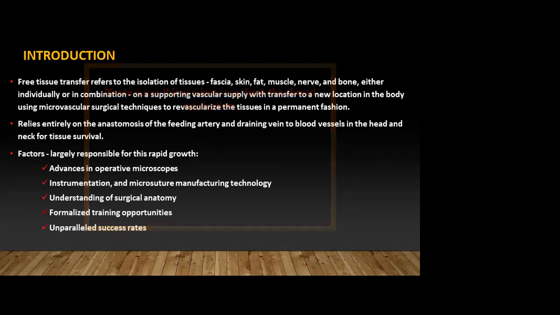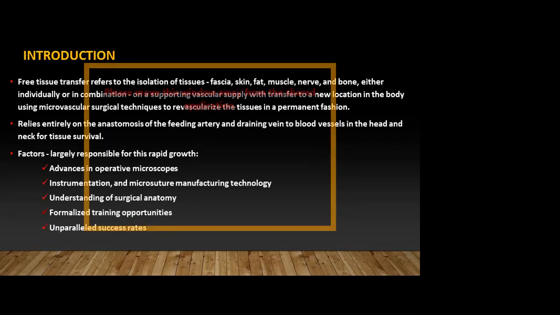It relies entirely on the anastomosis of the feeding artery and the draining vein to blood vessels in the head and neck, and this is very important for tissue survival.